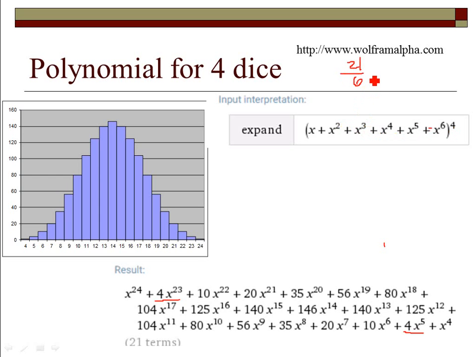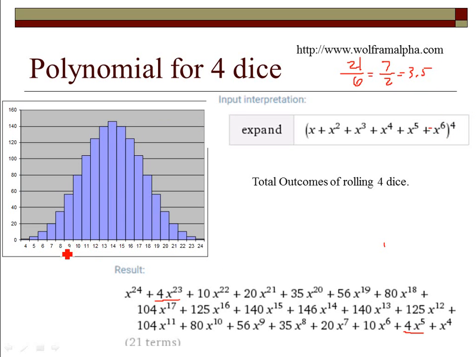Divided by 6, which if I reduce it, 3 goes into both those, is 7 halves, which equals 3.5. That's the average of a single roll. Well, if I do 4 rolls and I'm summing them, 4 times 3.5, the average I should get is 14. That's where the middle is. It's nice and symmetric. So it ends up being this really nice, bell-shaped curve. And that's right where the middle is.